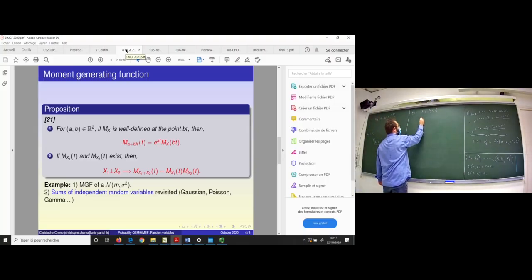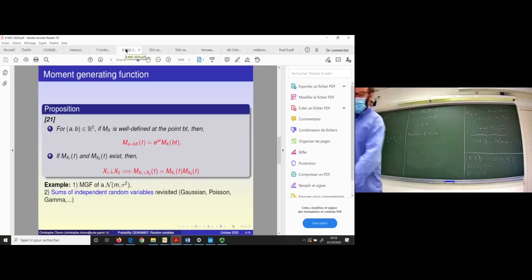I have an X2 that follows the gamma(B, lambda). They are independent. And I ask you, what is the distribution of X1 plus X2? Try to do it by yourself.